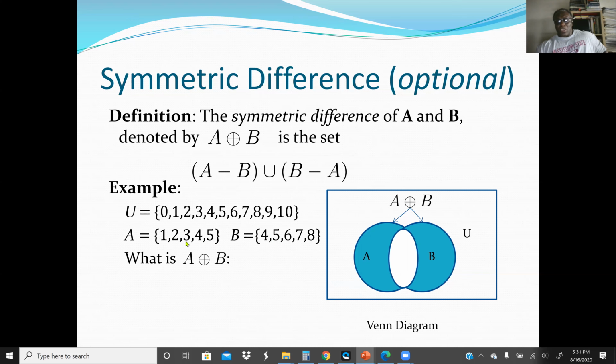Then B minus A will give us 6, 7, 8. So the answer will be 1, 2, 3, 6, 7, 8. Because A symmetric difference B means the complement of B with respect to A, union the complement of A with respect to B.